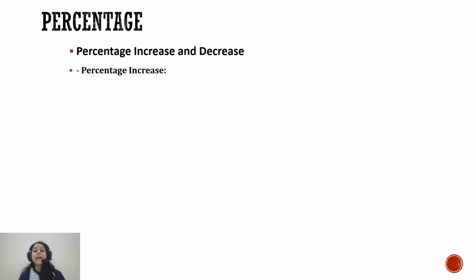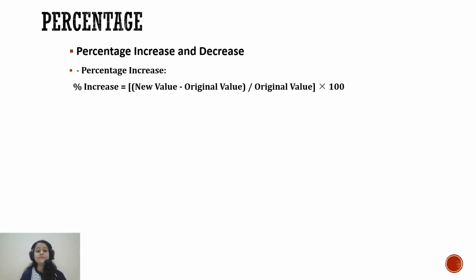So how do we find the percentage increase or decrease of a particular value? It can be price, company's profit, or share value; whatever it is, the formula is the same.